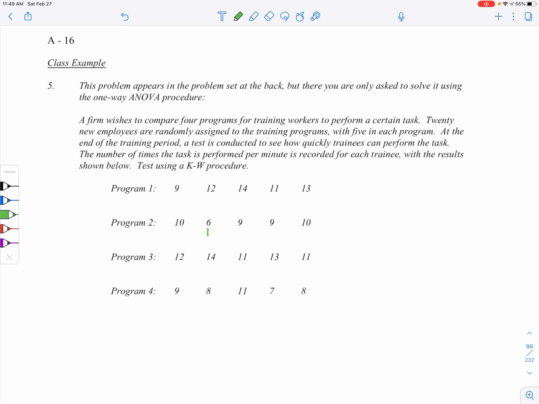By the way, I'm just going to write down the 6 here. You'll see a little bit later why I'm doing that. The next number here is a 7, and so that is a 2. And then the next one is an 8, and I think we've got a couple of those, yeah. So what we've got here is 2 8s. I'm just going to write them down here.